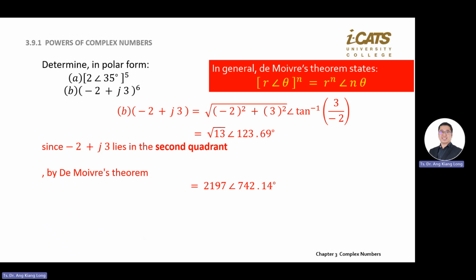So you minus 360 and you get 382, which is one cycle and a little bit.